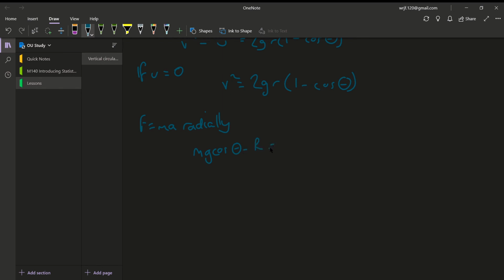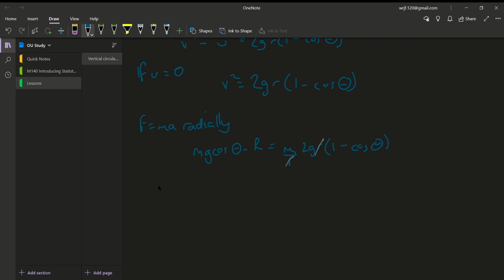So that's our F. And then mv squared over r gives us m over r, and again we can just use this for v squared, being 2gr(1 minus cos theta). And we can see that the radius of the circle is going to cancel out here. So we've got mg cos theta minus R equals 2mg(1 minus cos theta).